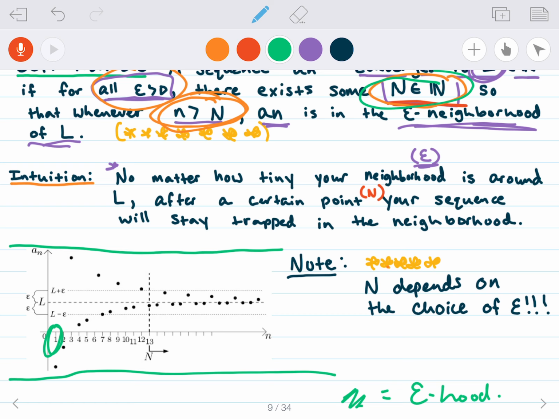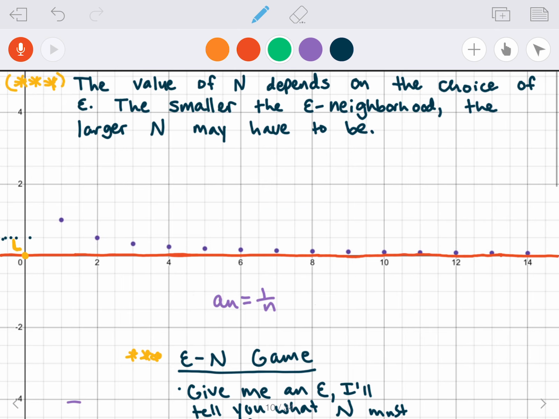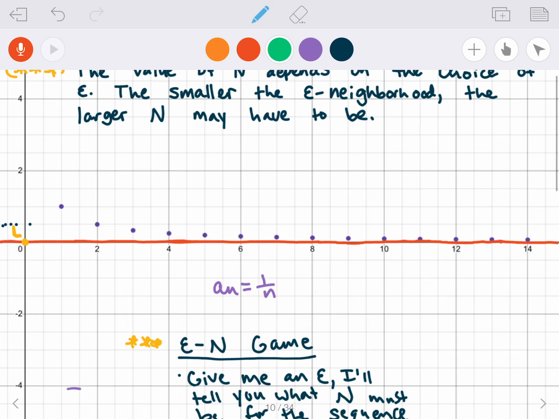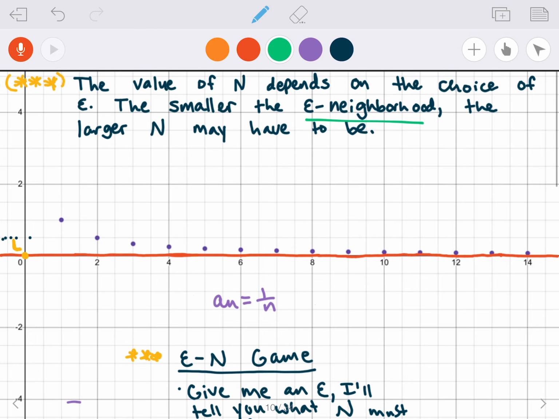Anything after 1 is going to stay in this neighborhood. There are no stray dots anywhere. So really, the value of capital N depends on the choice of epsilon. The smaller the neighborhood, the larger capital N may have to be.